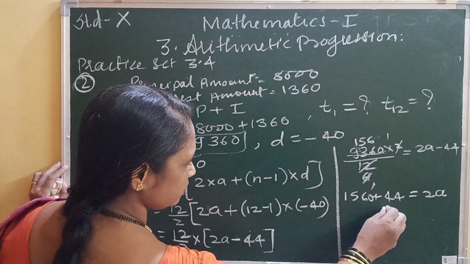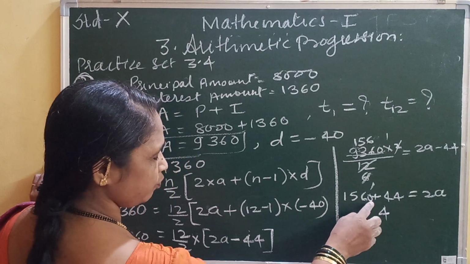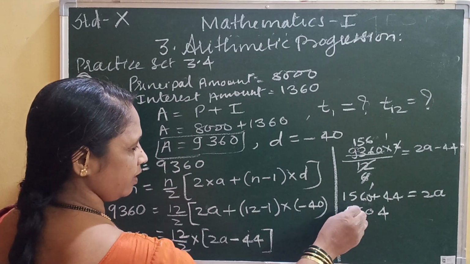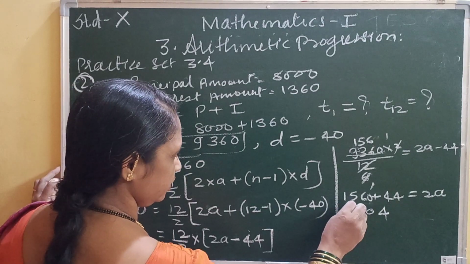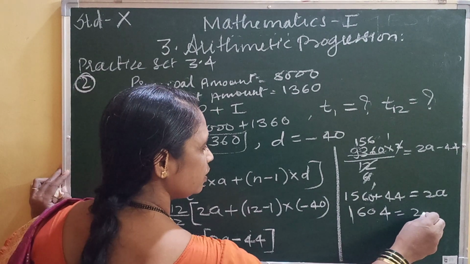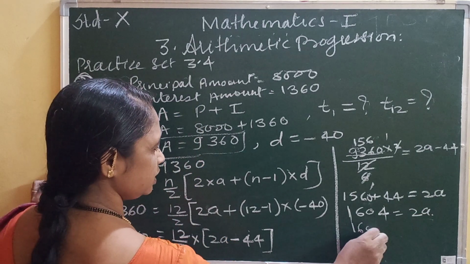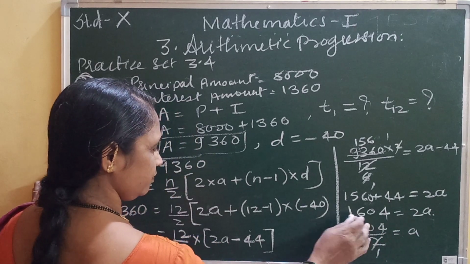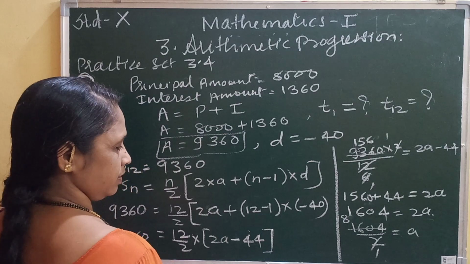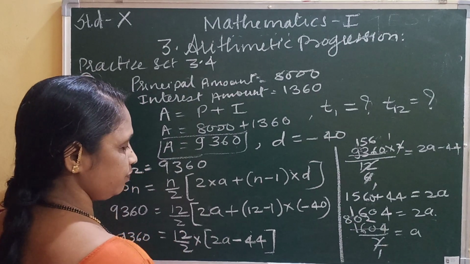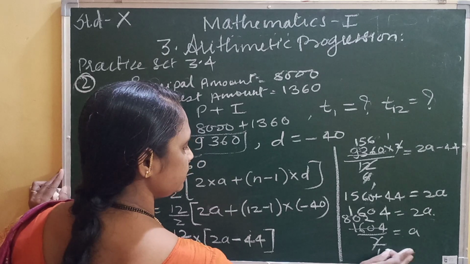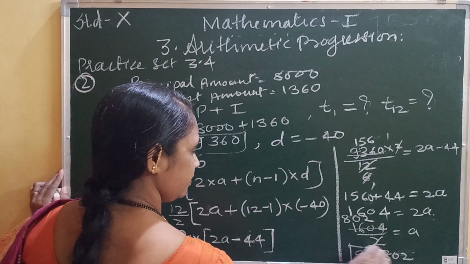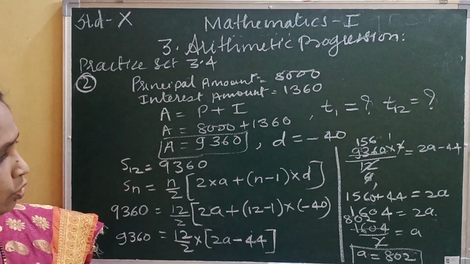Then this is 4, correct, it is 4. Then it is 10 and it is 6 and 1. Then 1604 is equal to 2A. So 1604 divided by 2 is equal to A. A is equal to 802.